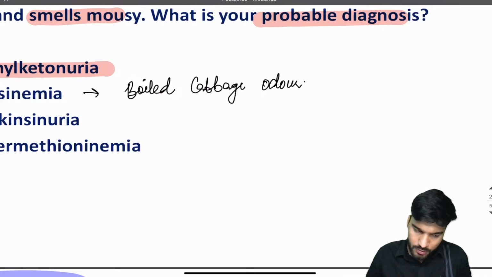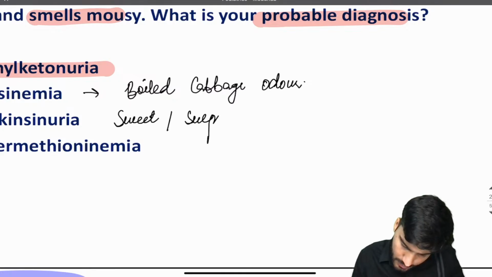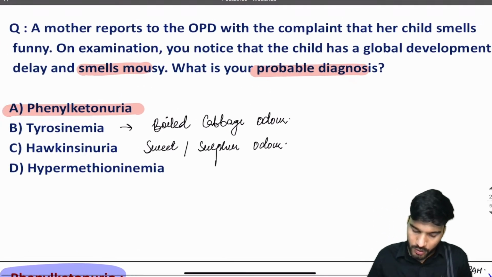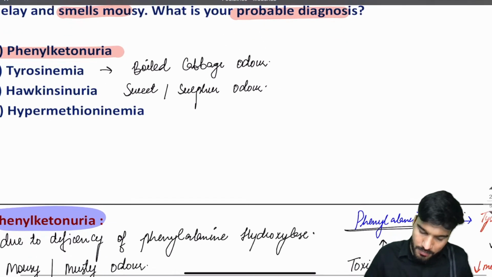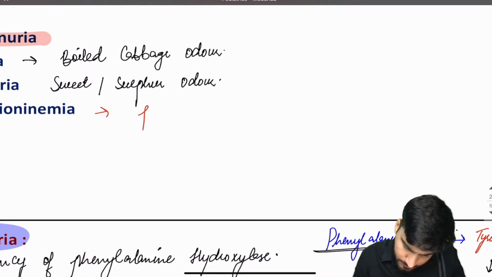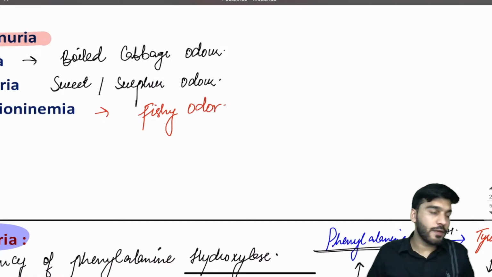If you talk about Henoch-Schonlein, it's sweet or sulfur odor. If we talk about hypermethionemia, it's a fishy odor.